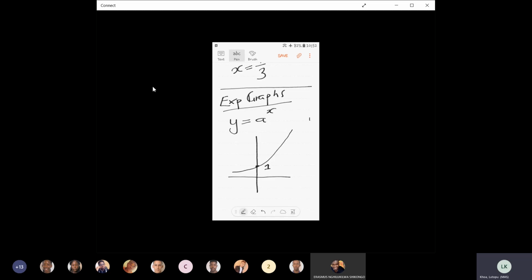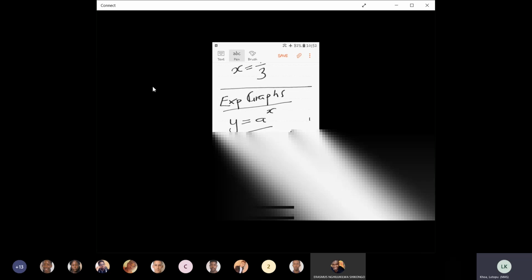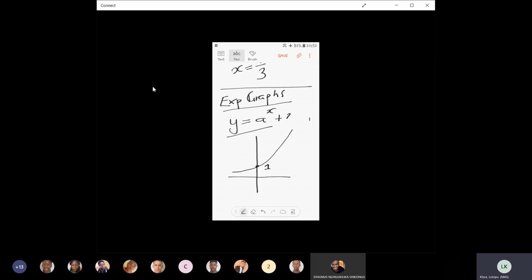There is no time where you sketch a graph like this where it does not pass through the point 1. Maybe if you've added something over here, then it will change. But when it is in this basic form, it must pass through 1. So this is the first way that it can look.